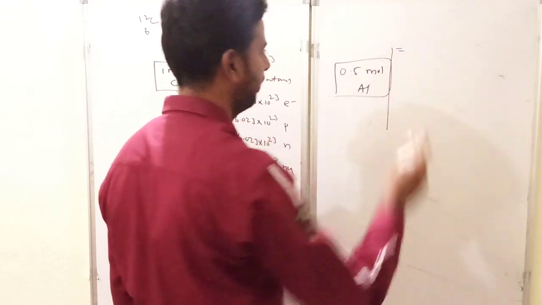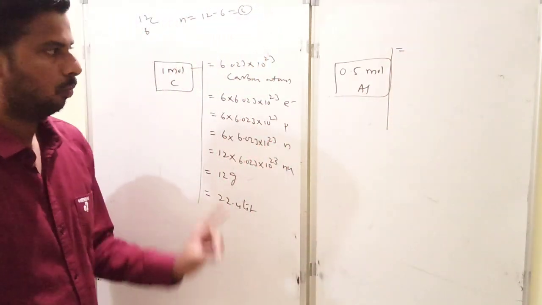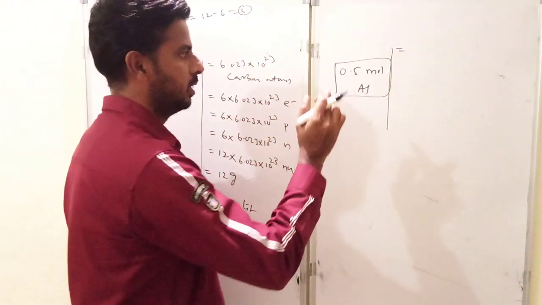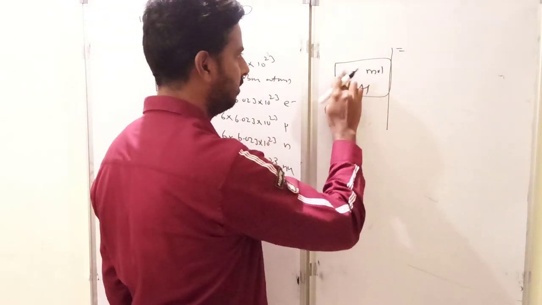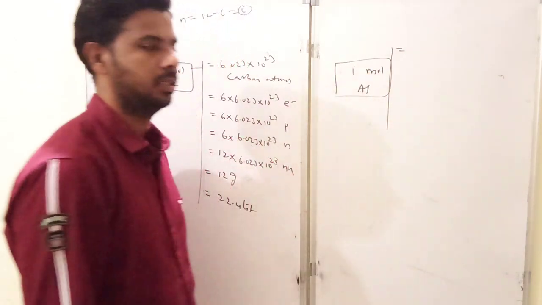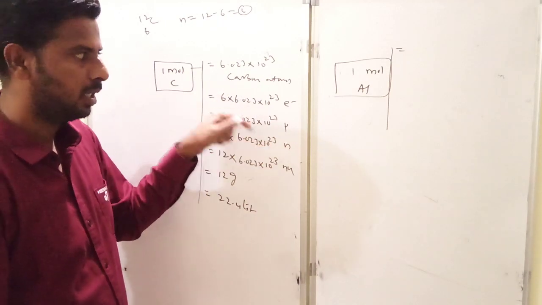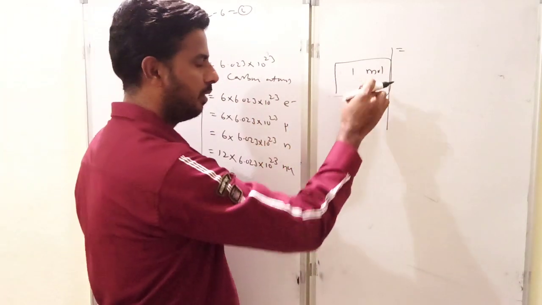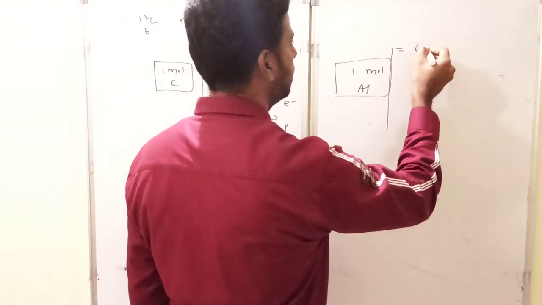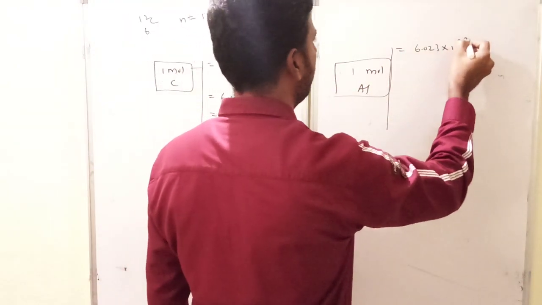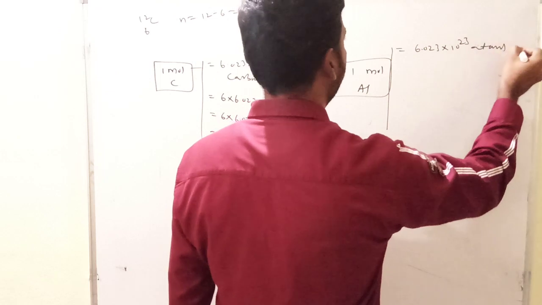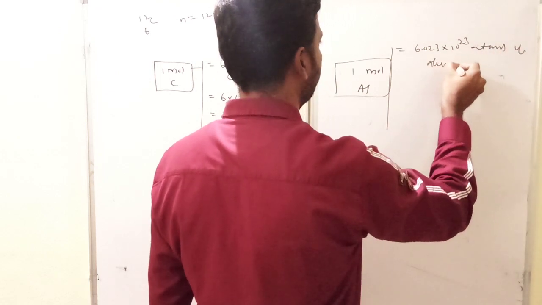What is the first point? 1 mole. We shall try with 1 mole, then you can replace it with 0.5. It is also an analysis of the subatomic particles, so we will get clarity. So 1 mole of aluminum equals 6.023 into 10 power 23 atoms of aluminum.